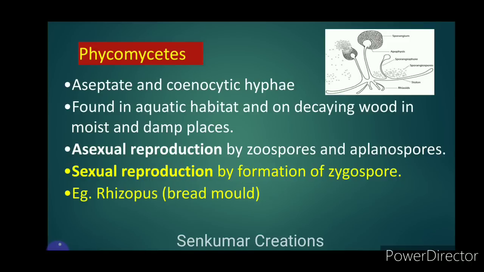So both types of reproduction are found in phycomycetes, that is aseptate: one is sexual and another one is asexual. Asexual reproduction is by means of zoospores and aplanospores, and sexual reproduction is by means of zygospores. Example, Rhizopus, a bread mold.